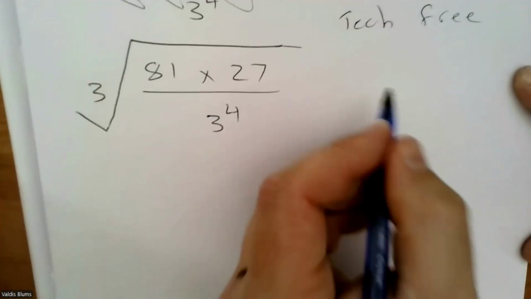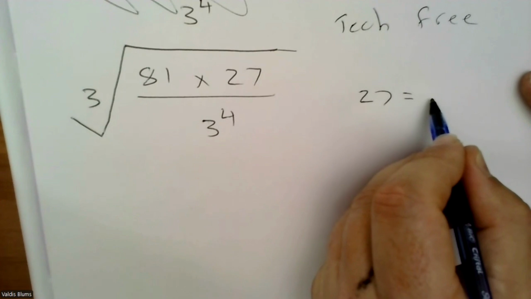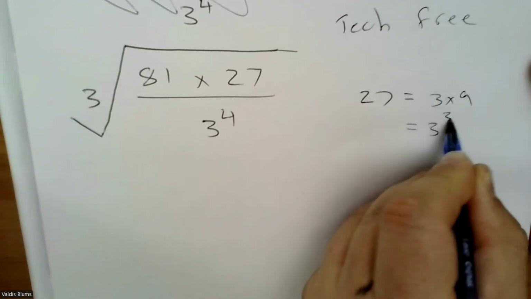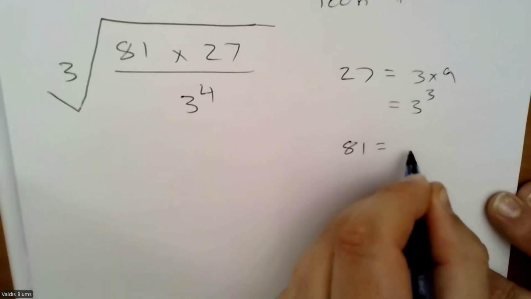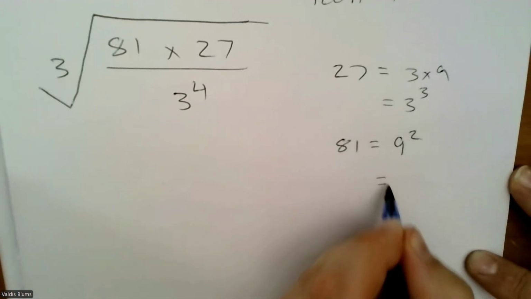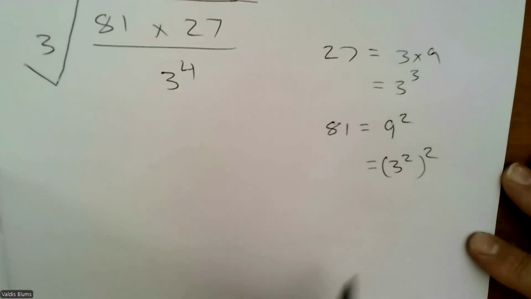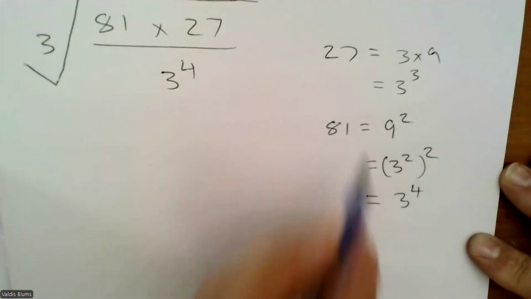So we could break it up. So 27 is equal to 3 times by 9, which is 3 cubed. Yep. And 81 is 9 squared. Well, 9 is 3 squared. So 3 squared squared is 4. So we have 3 to the power of 4 is 81.